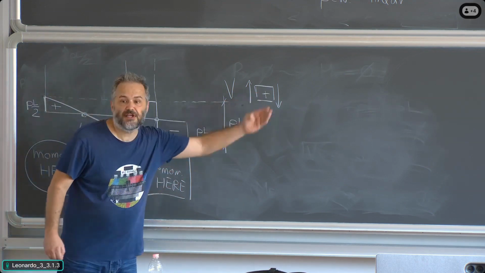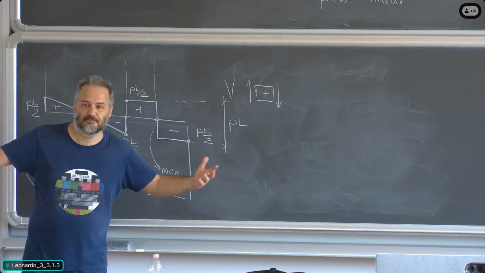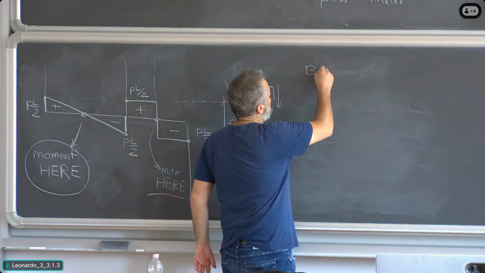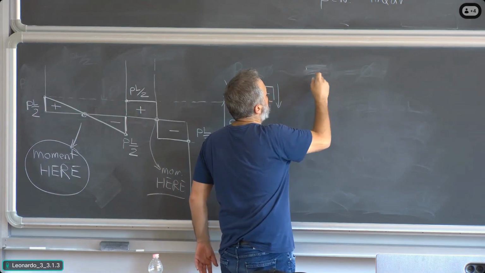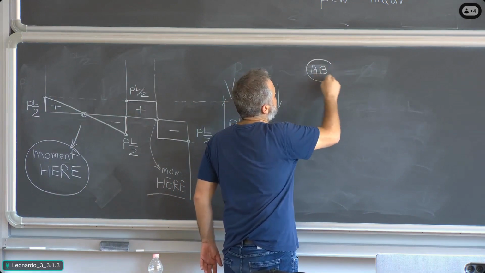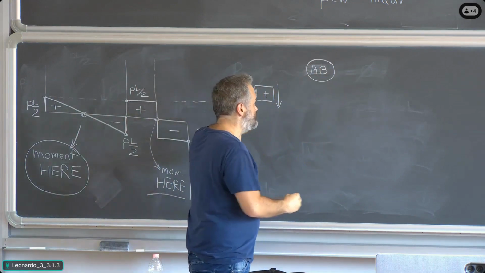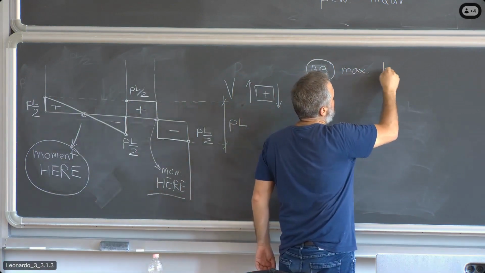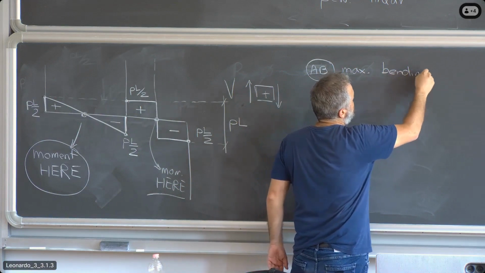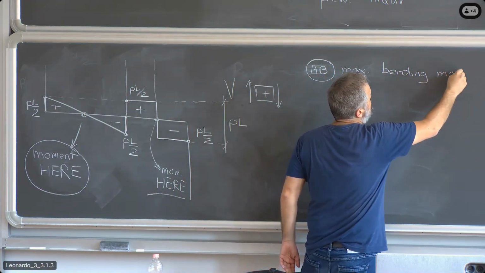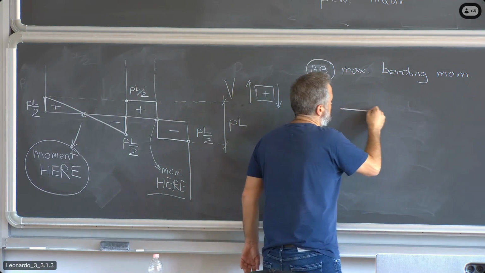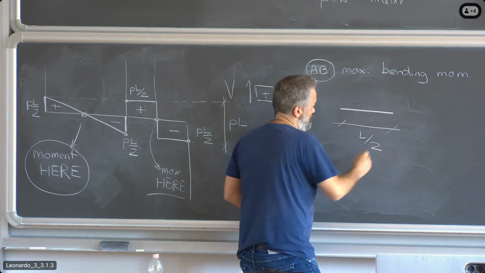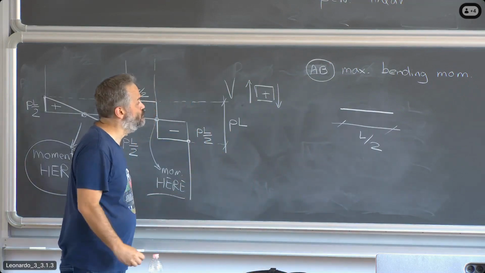I'm going to do it here to save some space. Sorry. So for BC, for AB first. Max bending moment is worked out how? I draw half of the beam, L divided by 2.